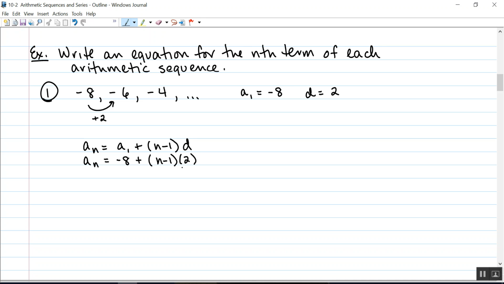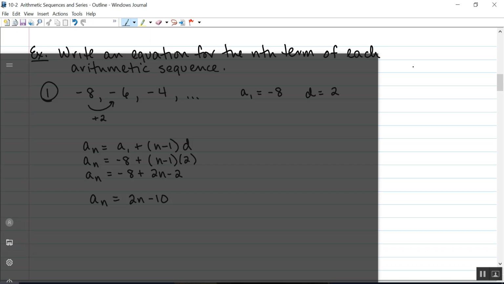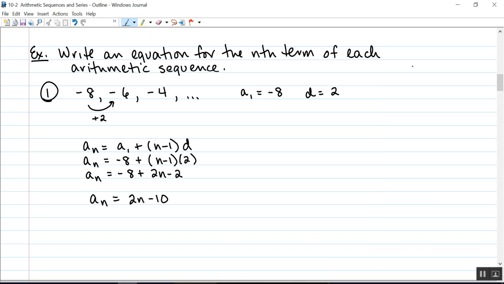Let's distribute that 2 to the n and to the negative 1. A sub n is equal to negative 8 plus 2n minus 2. And now I'm going to write it in this form. A sub n equals, I'm going to put my 2n first, and negative 8 minus 2 is a negative 10. And that's what my equation is going to look like.